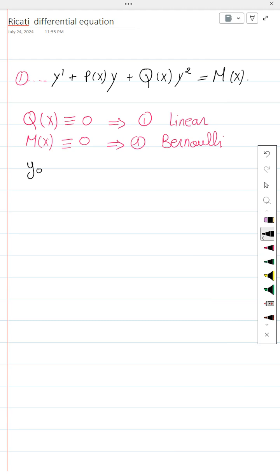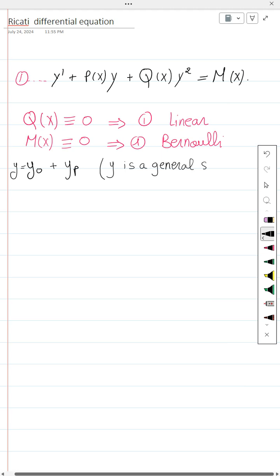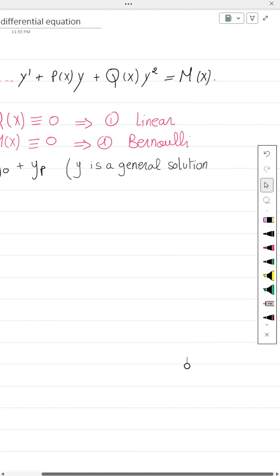So when we have y0, we are going to search for yp, and the summation of them is going to be y, and y is a general solution for equation 1, which is the Riccati equation.